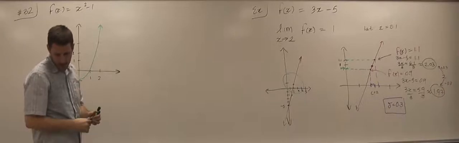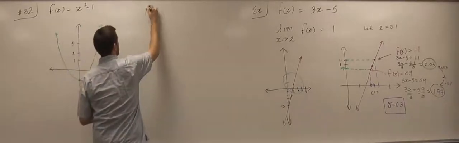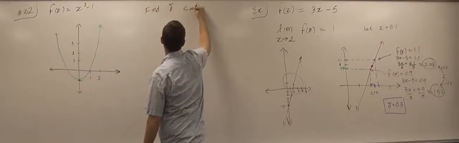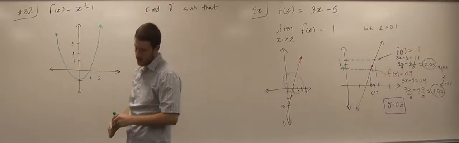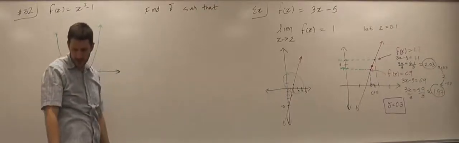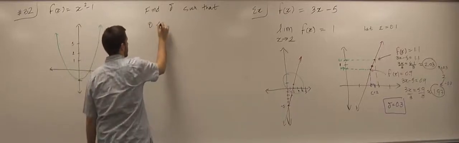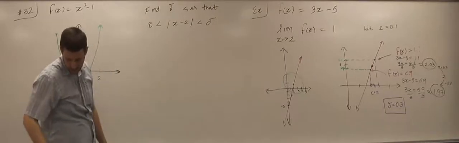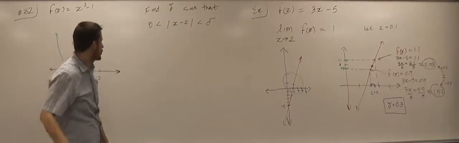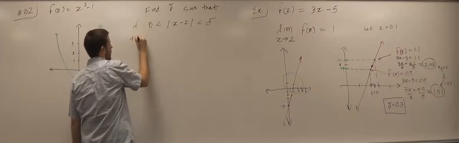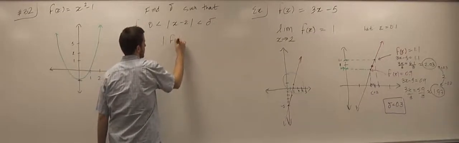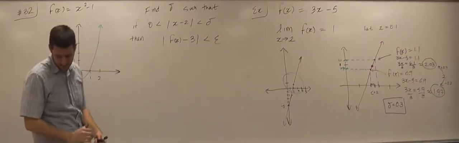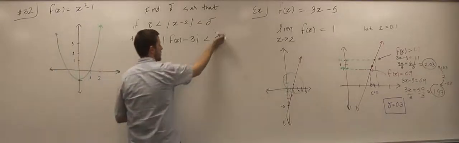So, saying find delta such that 0 is less than the absolute value of x minus 2 is less than delta. If this is true, then the absolute value of f of x minus 3 is less than epsilon, which they want to be 0.2.